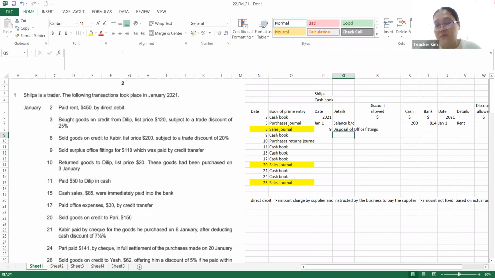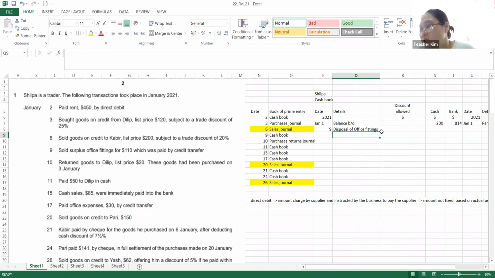Disposal of office fitting, because normally the double entry we put through is disposal of office fitting. If you didn't put office fitting, also can. Or you want to put sales of the office fitting, also can. Okay, this one, the amount is 110.